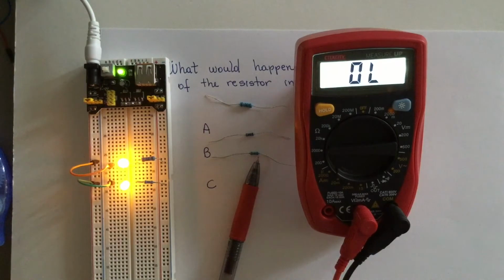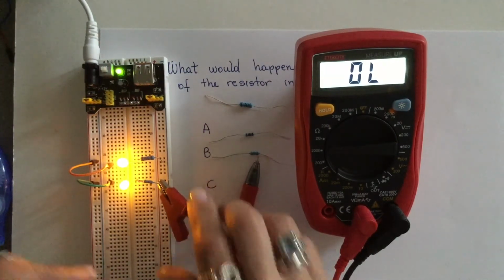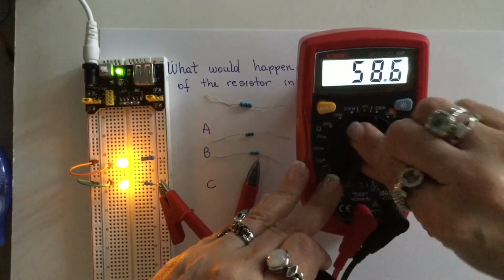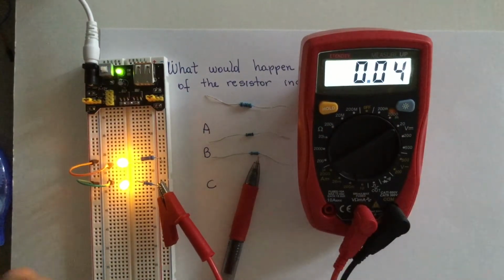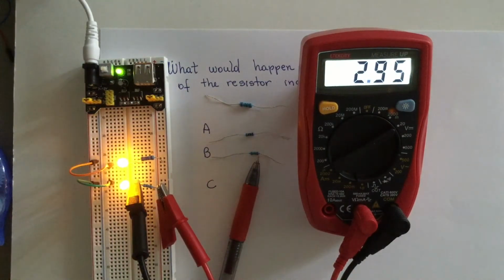Now let me check the voltage across. Actually, I have to change here to this. Voltage across this resistor, which is 2.9695, fluctuating about the same.